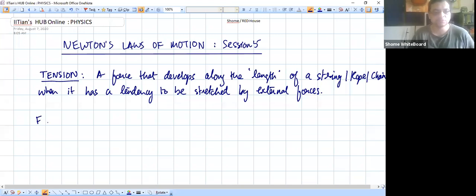So the most basic example to understand tension is something like this. Suppose we have a situation like this, that on the floor, there's some kind of a wall.